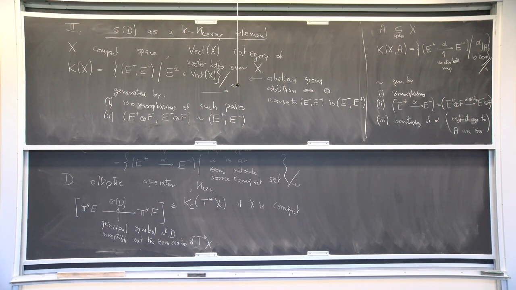It will be convenient to think slightly more general. Well, what happens as X is not compact? It's still true that this vector bundle map will be an isomorphism away from the zero section. But the zero section is homeomorphic to X, so that's not compact then.